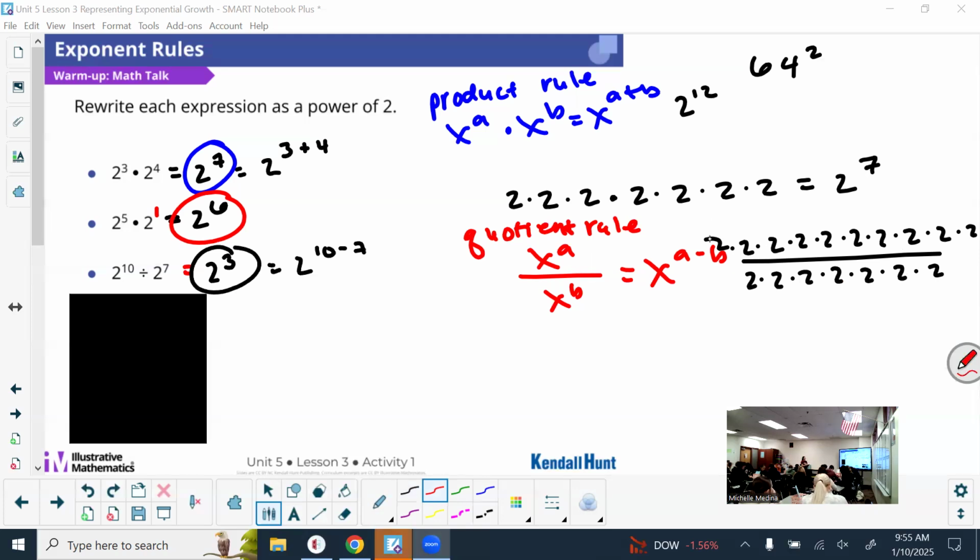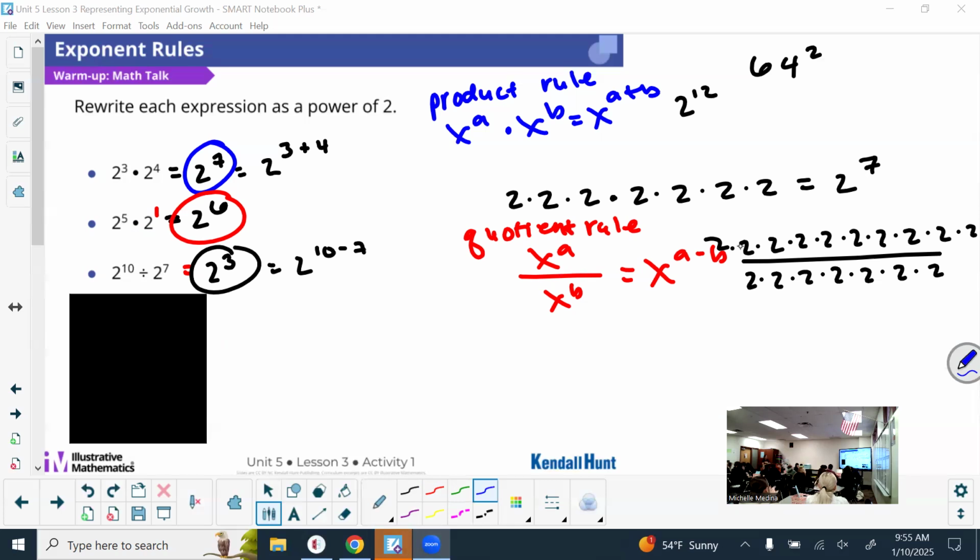And if we are dividing them, and I have the same thing on top and bottom of a fraction, what happens? What happens when I have the same thing on top and bottom of a fraction? What's 2 over 2?